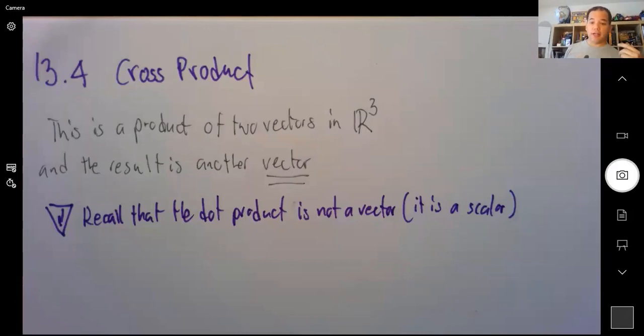I need to tell you what is the direction this vector is pointing and what is its magnitude. So we'll start with the magnitude because that's the easiest thing. So what would be the magnitude of this cross product? That's actually not a difficult thing to get.